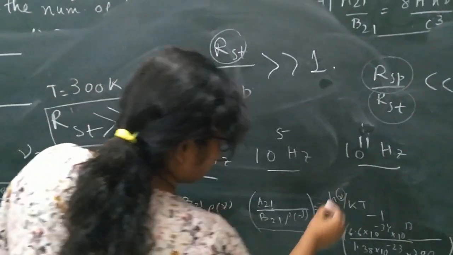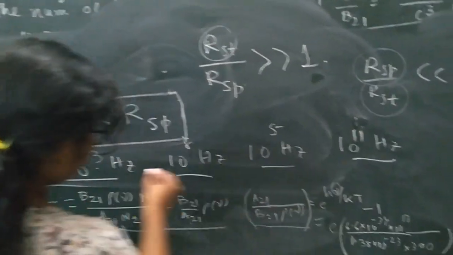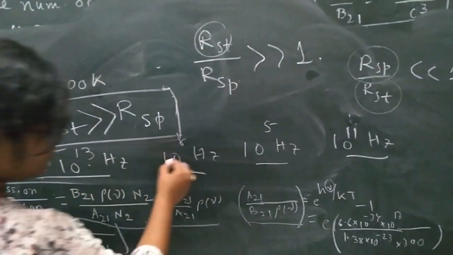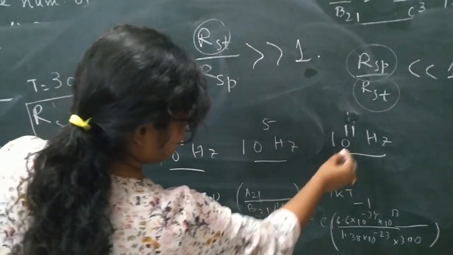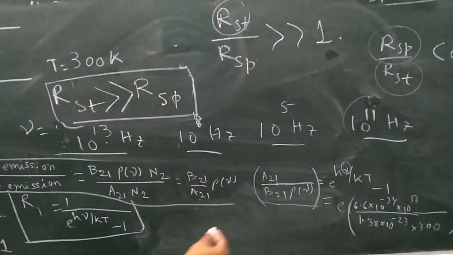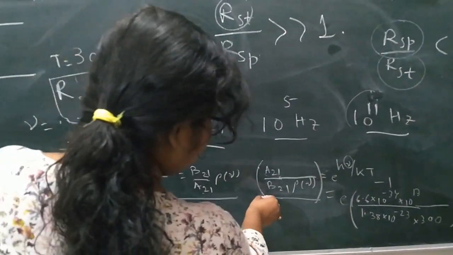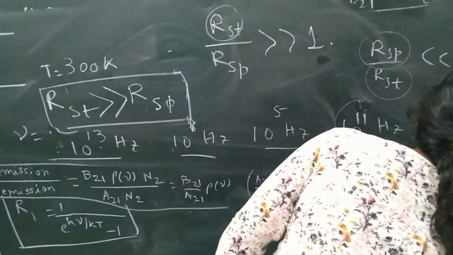So you put the value of nu for the different options, that is 10 to the power 13 Hz, 10 to the power 8 Hz, 10 to the power 5 Hz, 10 to the power 11 Hz, and you have to check that this is the rate for spontaneous emission divided by stimulated emission, and this should be less than 1.